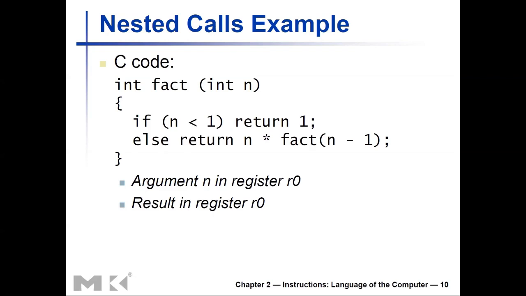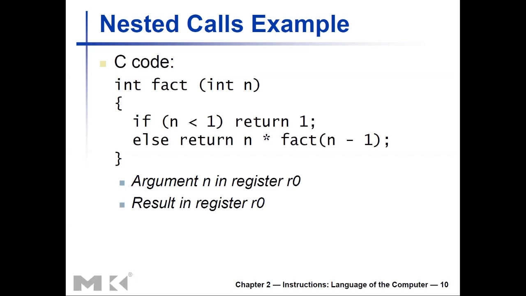And if you want to look at a simple nested call example, then you can have one function and you can call another function that is different from that function. Since we are calling the same function again here, it is going to be an example for compiling a recursive function as well.